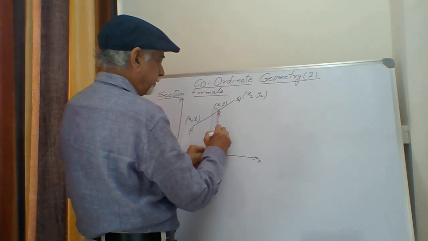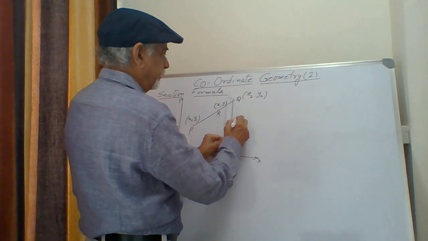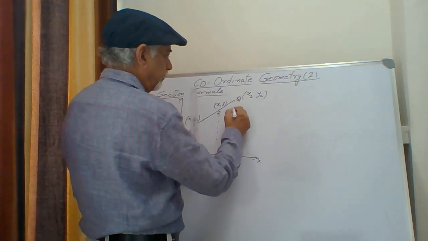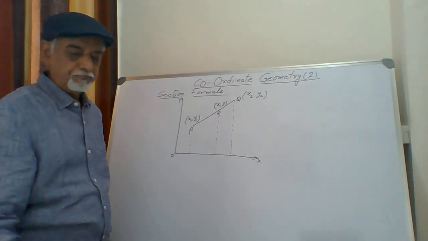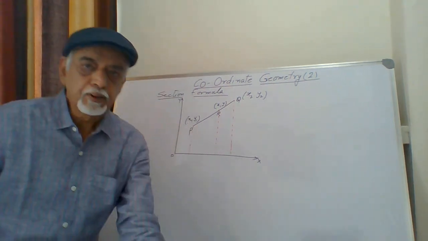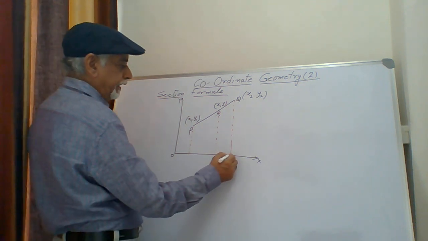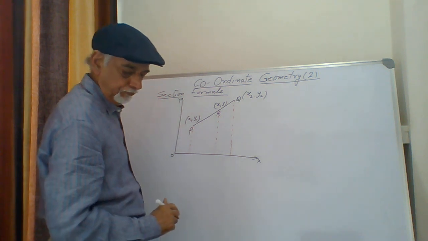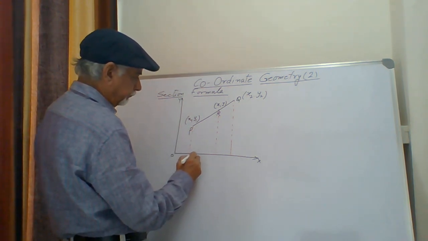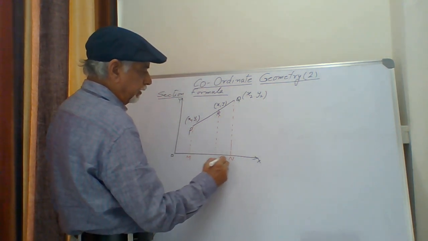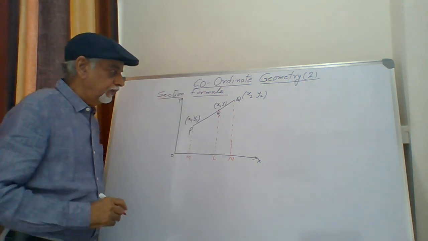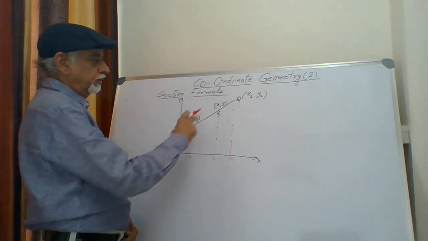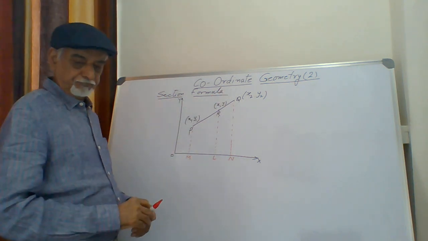First of all, I am drawing the perpendiculars from the respective 3 points onto the x-axis. When I draw the perpendiculars, let us name them: Pn, Qn and suppose RL. These are the perpendiculars drawn from the points P, Q and R onto the x-axis.